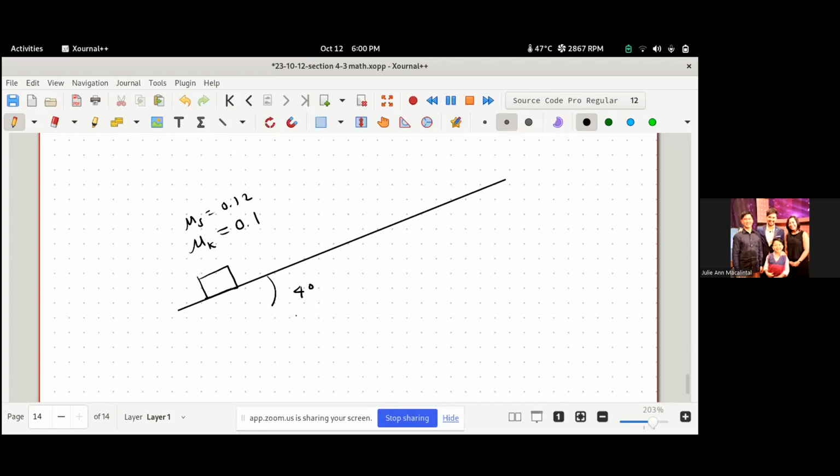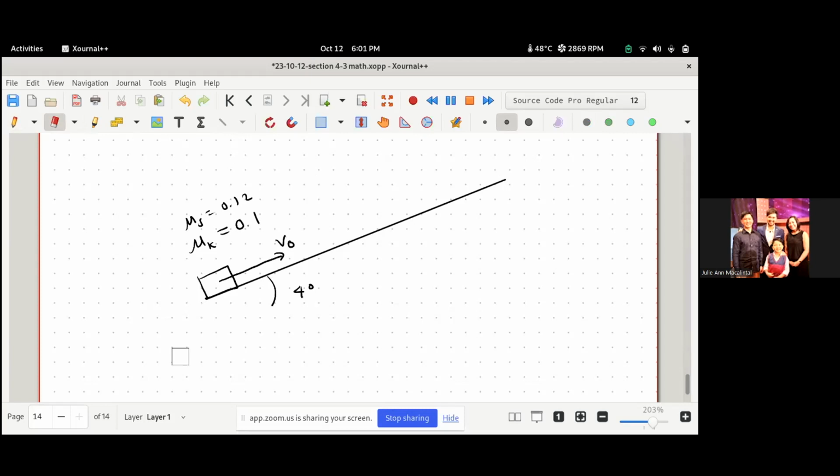So dito, assume natin may initial velocity. Tapos, if you look at tapos describe the motion. So assume natin na itong inclined plane long enough. So assume natin ground level to.